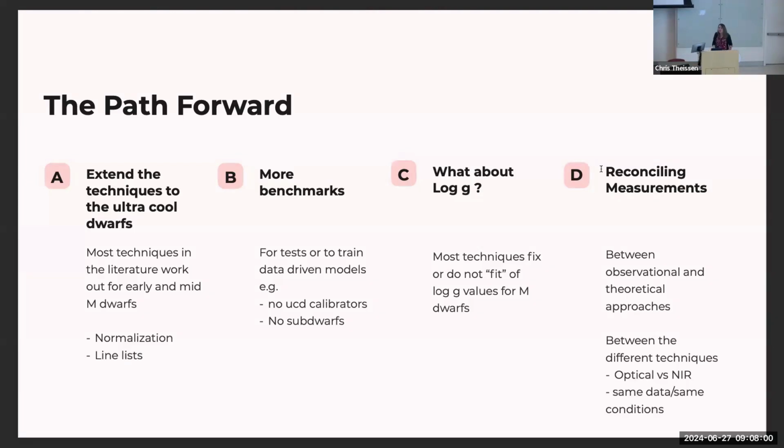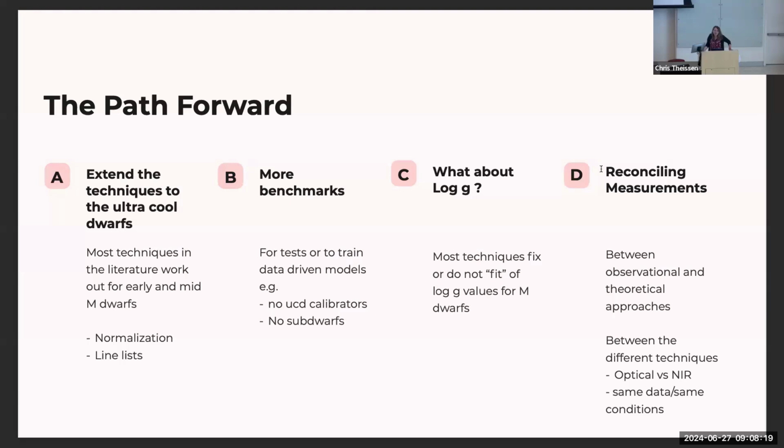So this is what I think is still missing. Okay, and probably some of you are already working on this, and please contact me. I really want to know what you guys are doing. But what I think is still missing. So the first thing is that we're missing the cooler M dwarfs.